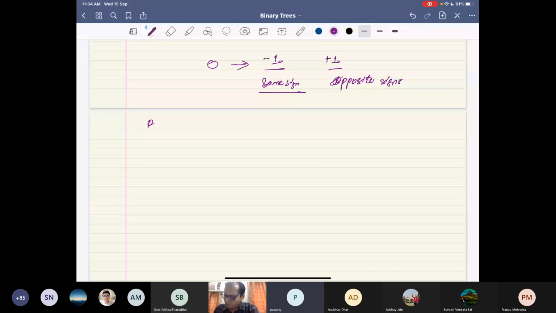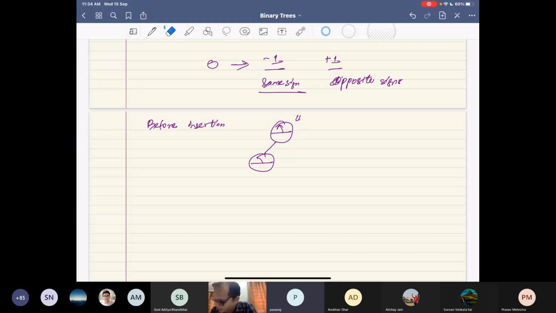So before insertion, what would happen? So I have this node U, balance factor is -1, and that has its left subtree. Sorry, same sign means it was 0 only, before insertion was 0. That is V, and it has both LL and LR.